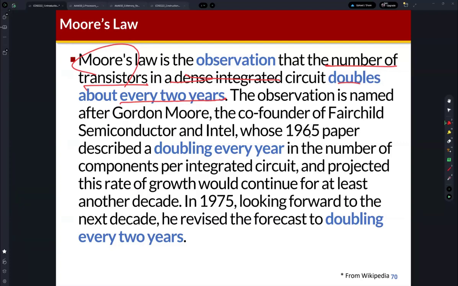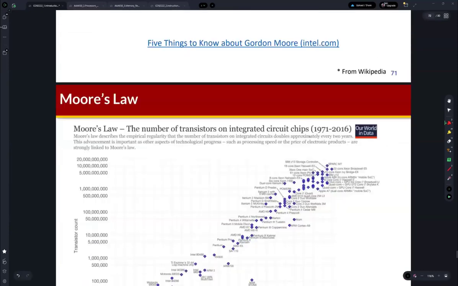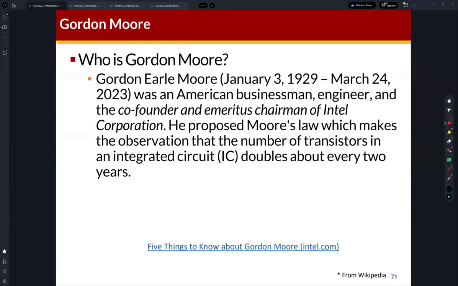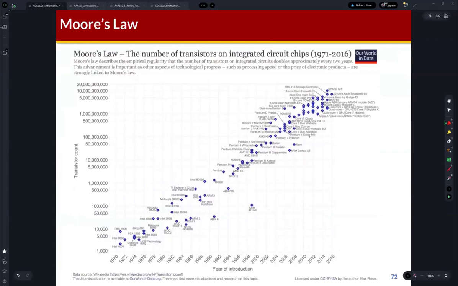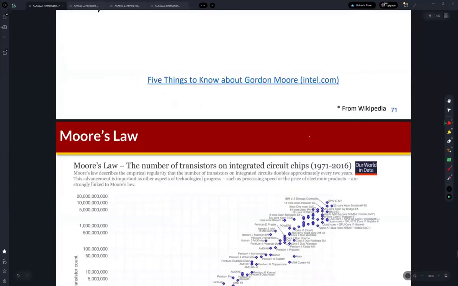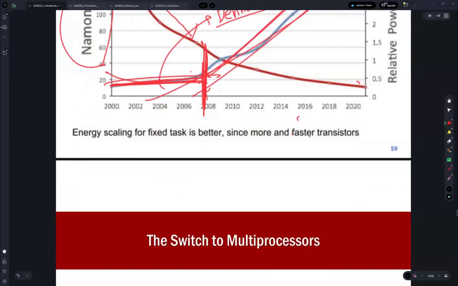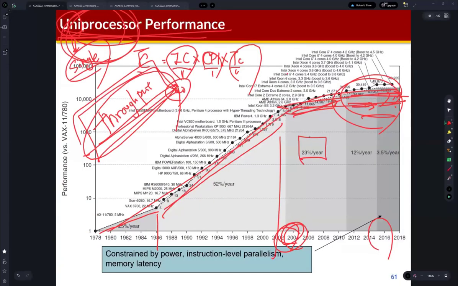Then why is Moore's law so important in the computer industry, the CPU industry, or the semiconductor industry? It's Gordon Moore. Actually, he died. I showed this graph.